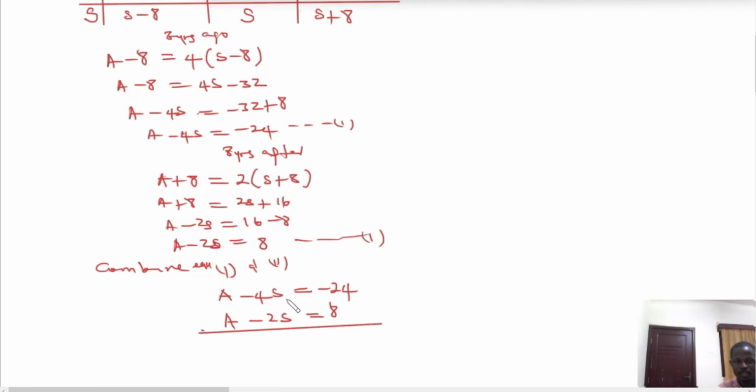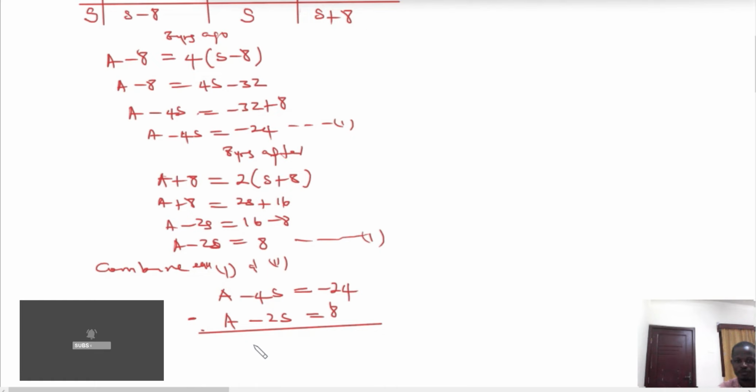So A minus 4S is equal to minus 24. A minus 2S equals 8. So here we have these two letters, they are equal. We're going to subtract for this to cancel. So we say A minus A is 0, minus 4S.